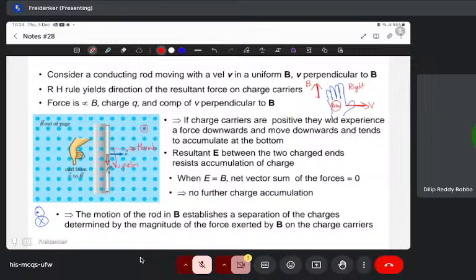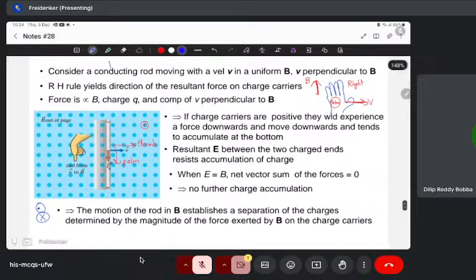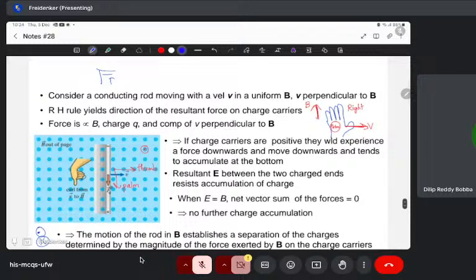Now, from where are we getting all of this? From this equation, we know that force due to magnetic field is nothing but Q into V cross B. So V cross B, there are multiple ways of finding the direction of V cross B. One simple way is simply taking your index finger, putting it in the V direction, then taking your middle finger and putting it in the direction of the magnetic field.